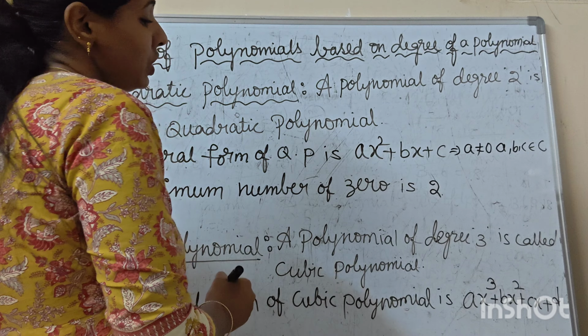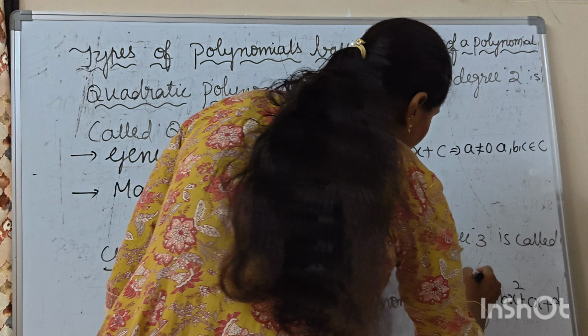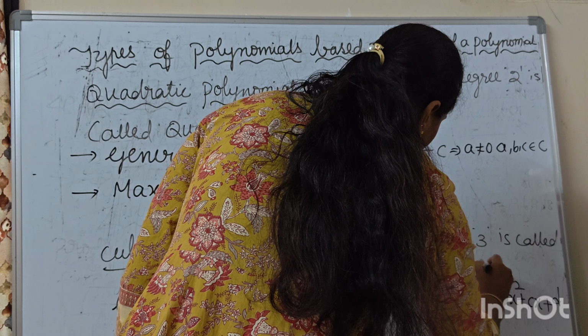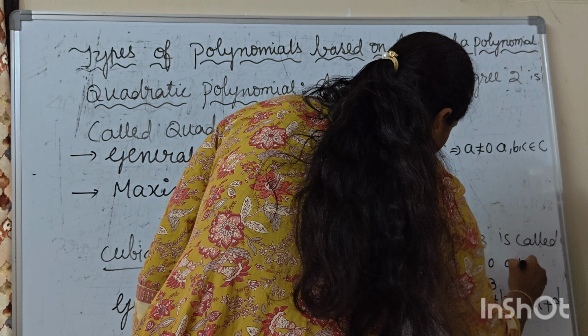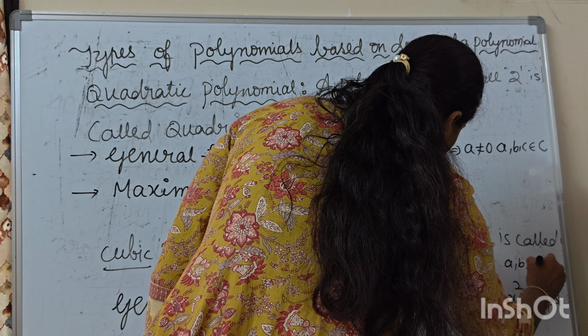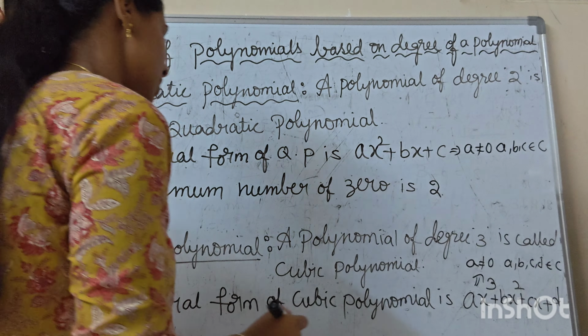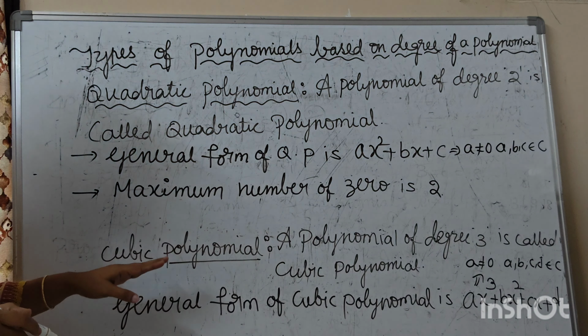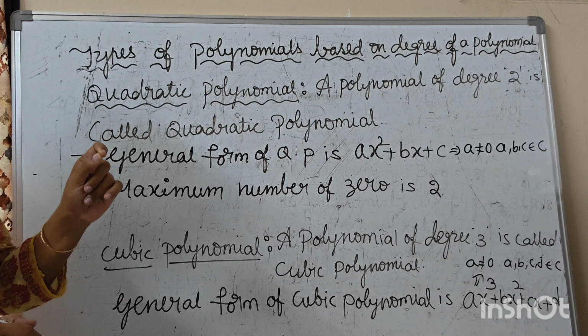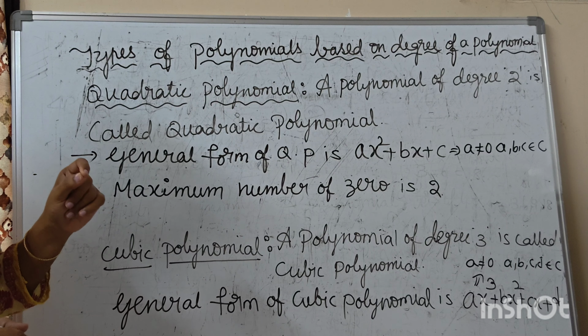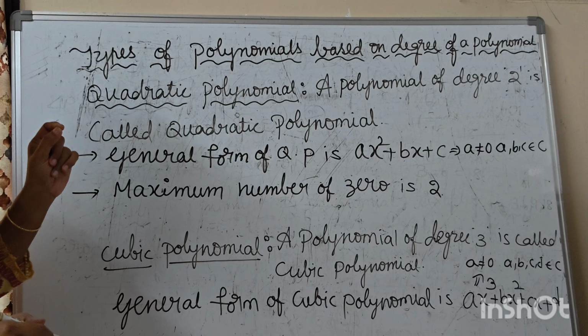As usual, here a should not be equal to 0. a, b, c, d belong to complex numbers. And what is the maximum number of zeros? 3. I said the maximum number of zeros depends on the highest degree.